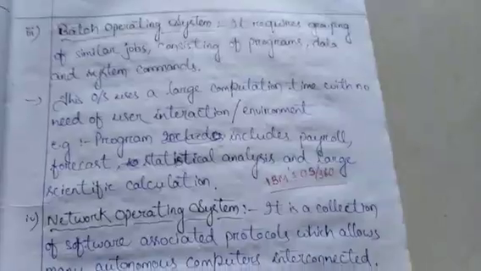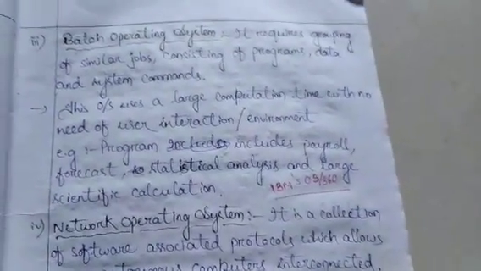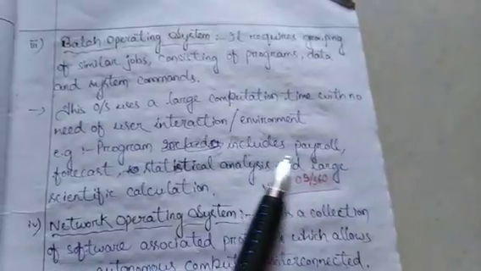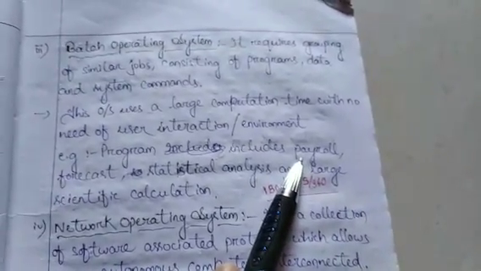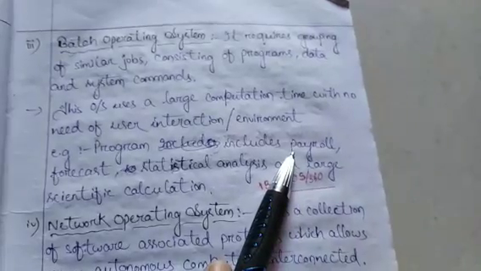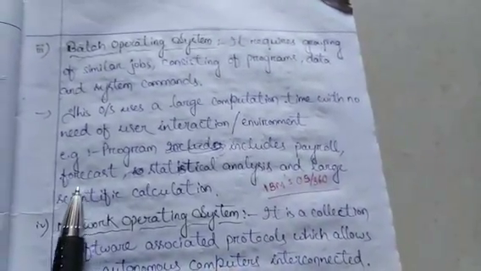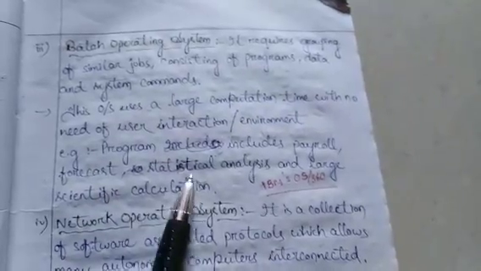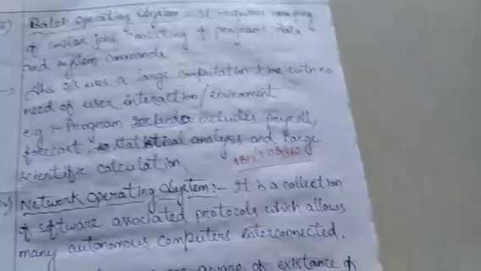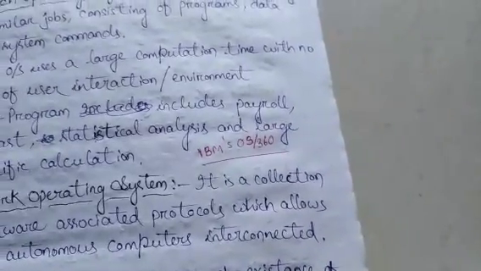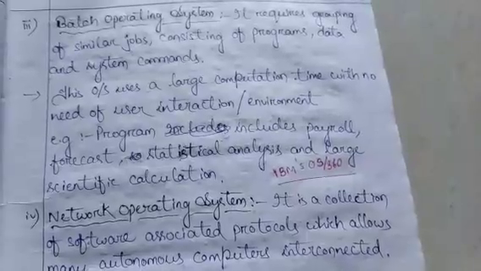Example, these operating systems are used for employees' payroll system, salary slip you can create by using this operating system, students' mark sheet also, forecasting, statistical analysis and large scientific calculations. Example, your IBM OS 360. This operating system is used for batch processing.